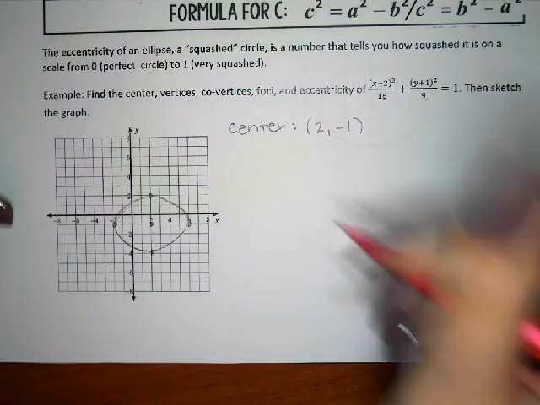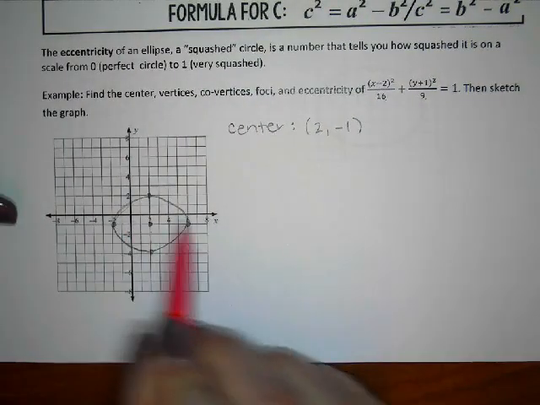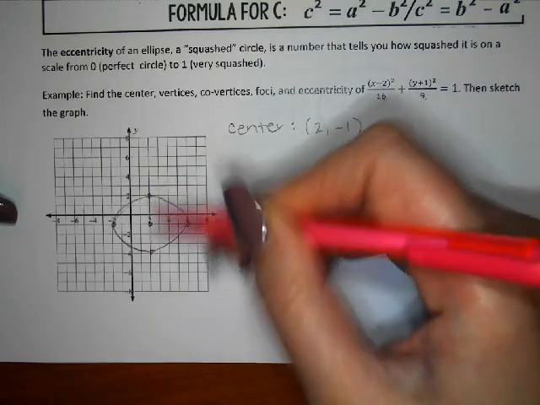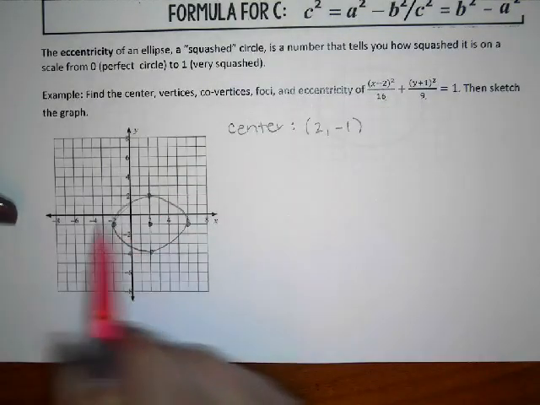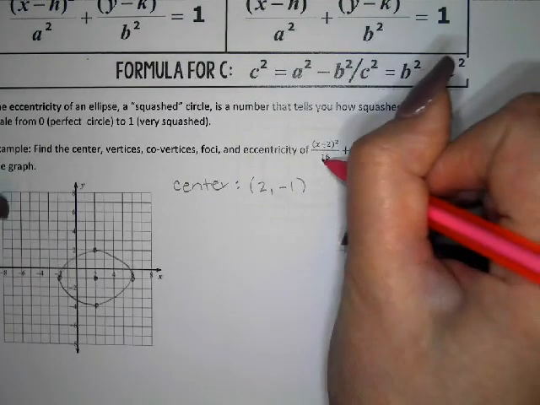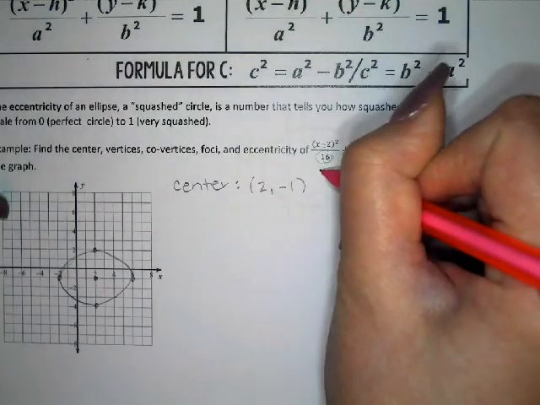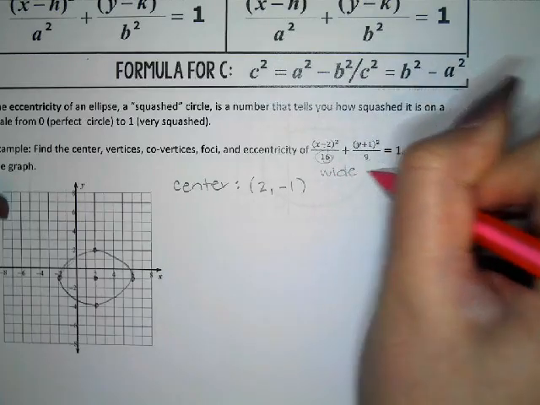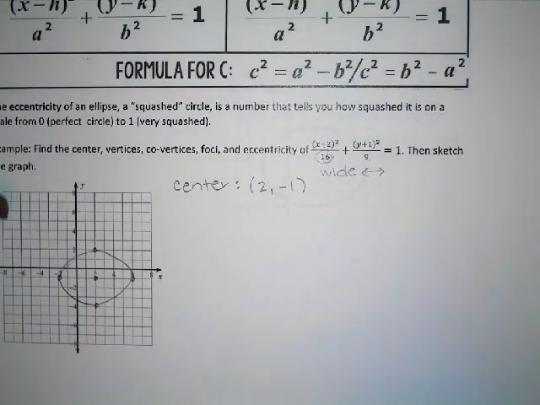Okay, so the vertices for this one would be left and right. The co-vertices would be up and down, and that's simply because this is wider than it is tall. So because of the 16, this is going to be a wide ellipse. And so it makes the vertices these two.